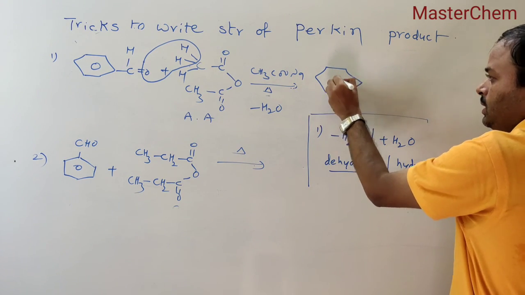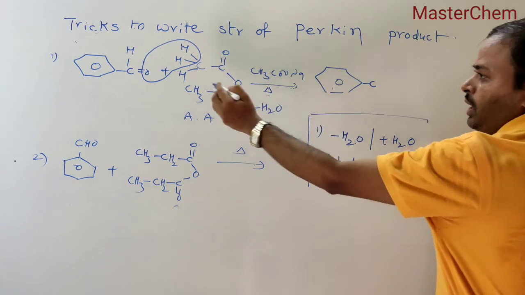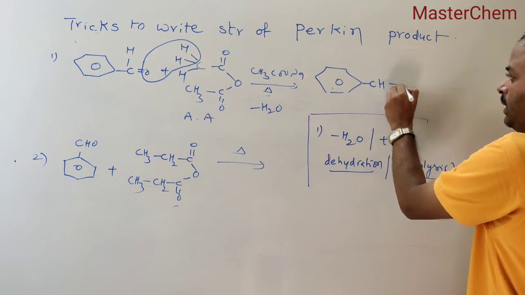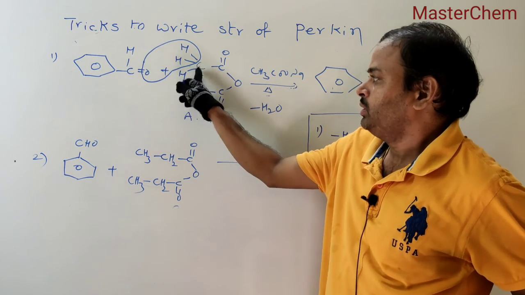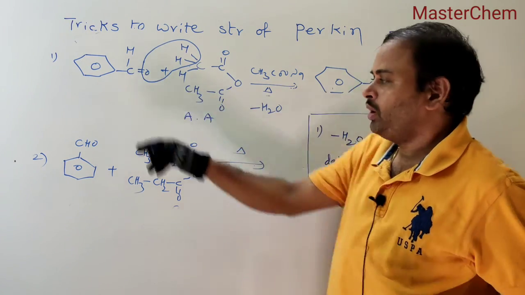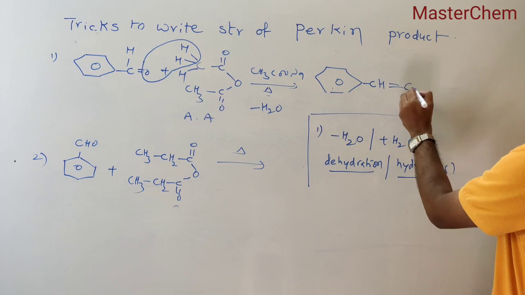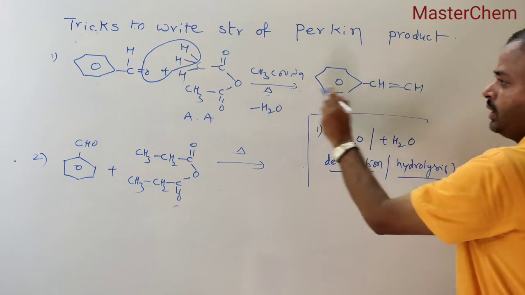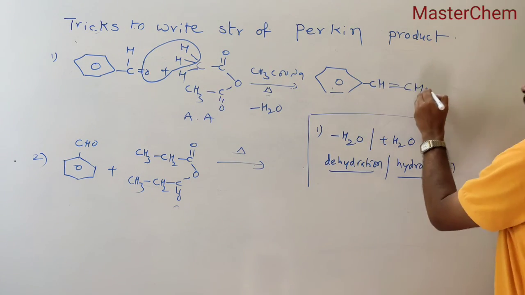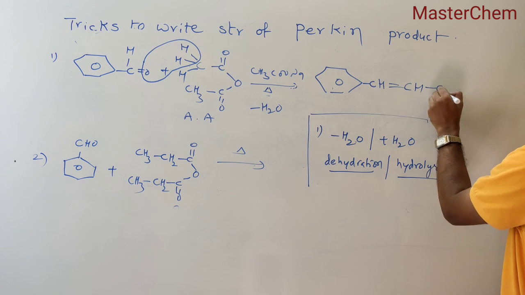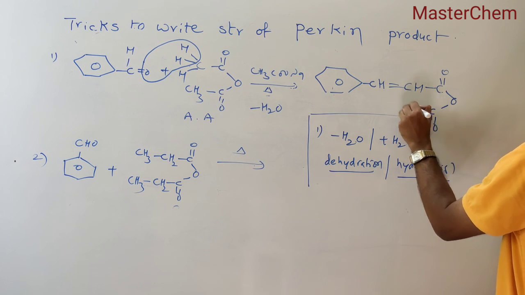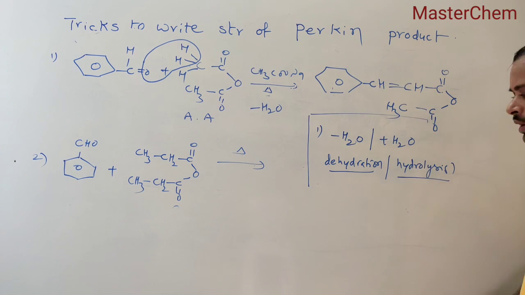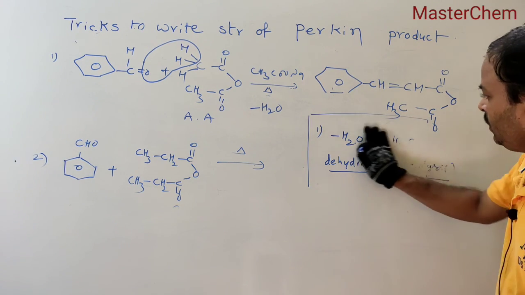CH double bond, and join this carbon with this double bond. Here also one hydrogen is there, and next C double bond O, O, CO, CH3. This is the product.